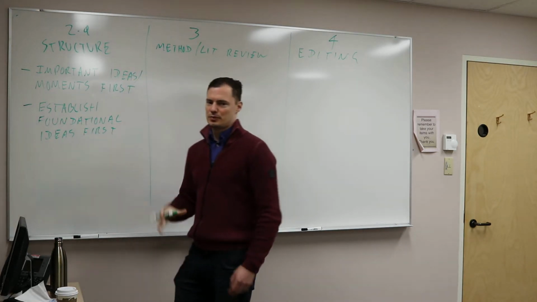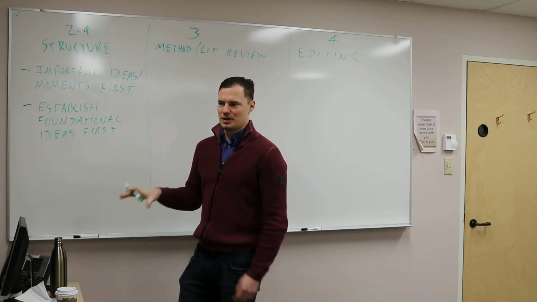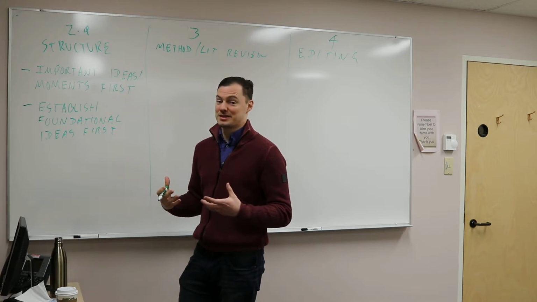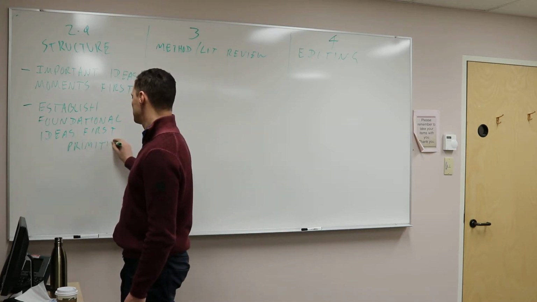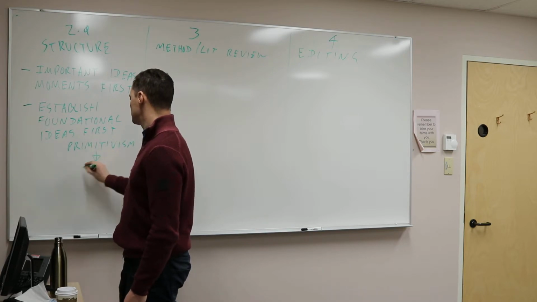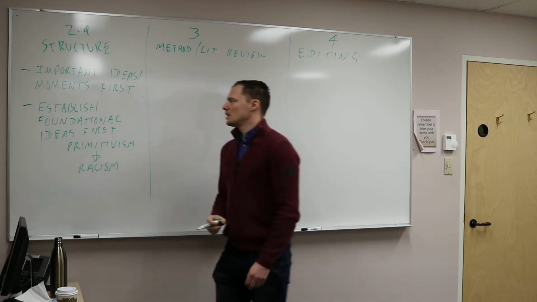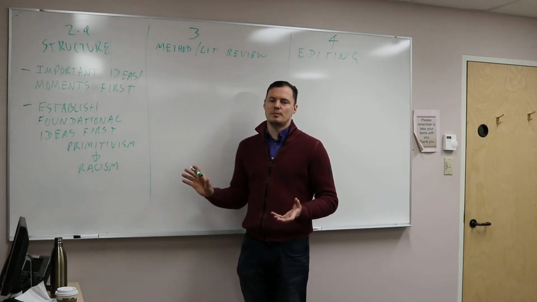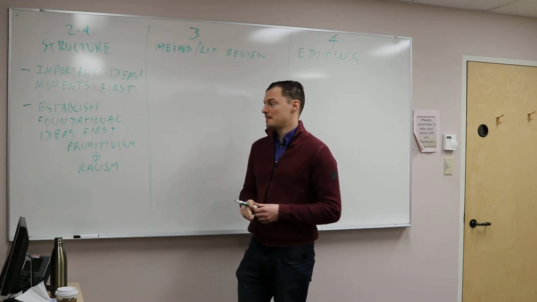So that example there is primitivism, an analysis of primitivism moving to analysis of racism. So, two big rules. Sometimes these conflict, and that's fine. You've just got to find a balance.